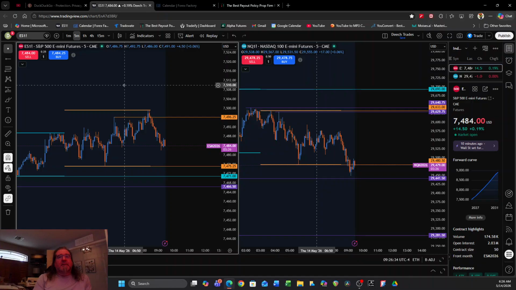So we just have these two indexes telling us slightly different things right now. Very odd market. Very odd market.